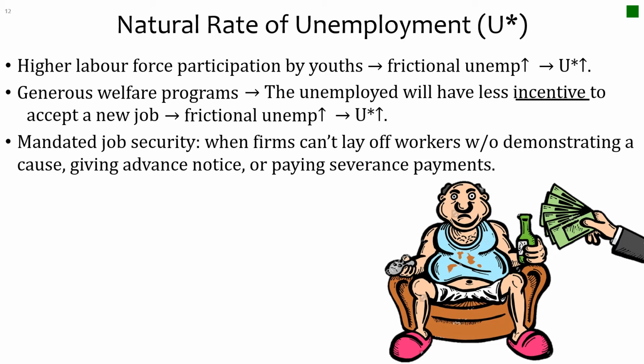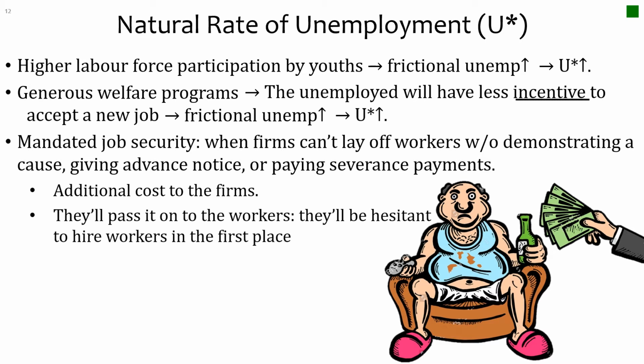By law, they cannot. They should give them advance notice, or they should pay them severance payments. So this is an additional cost to the firms. And because of that, they are going to pass it on to the workers. So they'll be hesitant to hire the workers in the first place, which is again going to raise the natural rate of unemployment. Again, it's very important to pause here and think about the incentives involved.